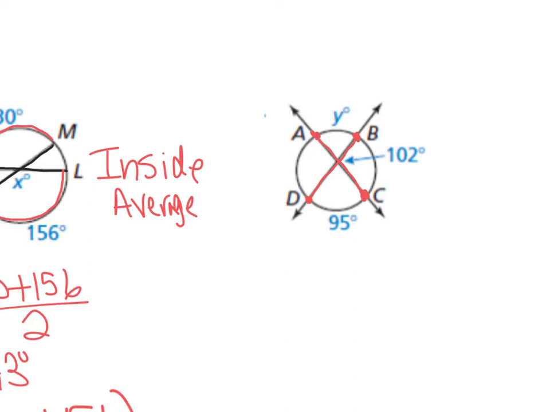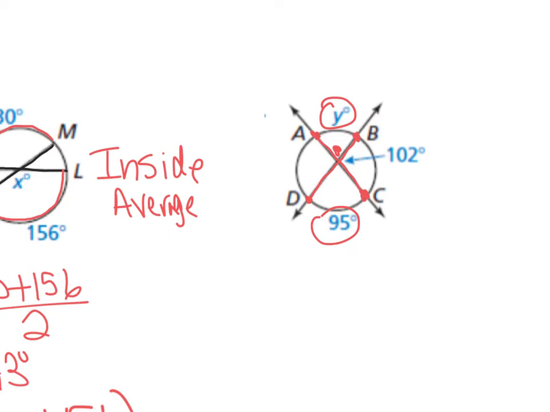So I know that the measure of the angle on the inside here, which I could call X, is going to be the average of those two. Well, how can I actually use the information that's given to figure that out?